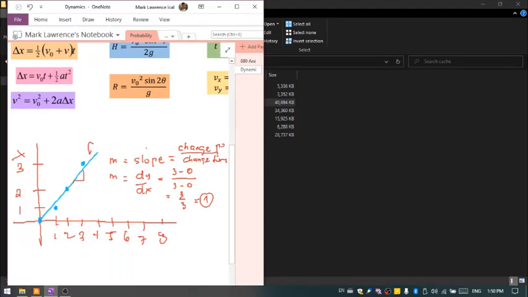That's the slope, and that is basically the velocity.